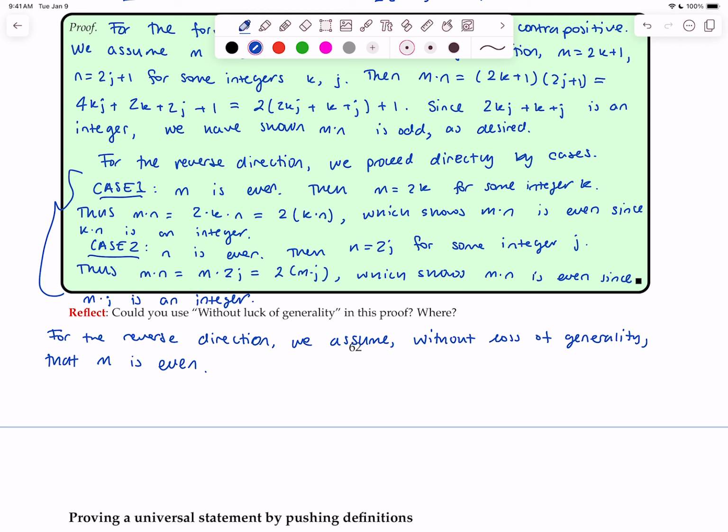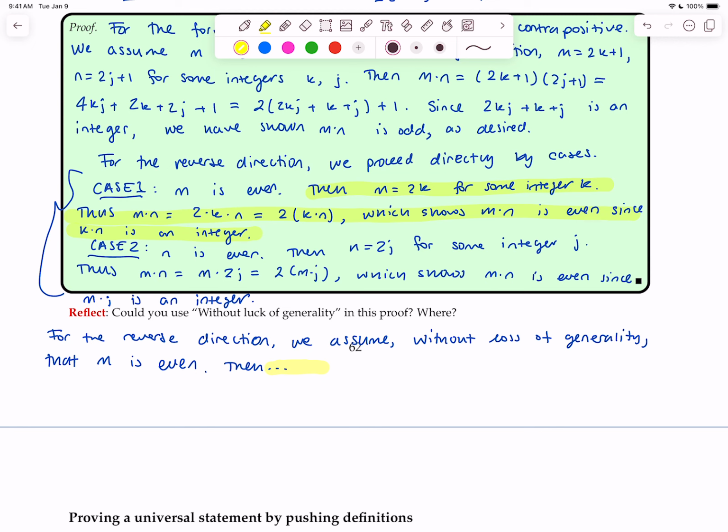And then you would say then, and you would replace it with this piece right here. And then that would conclude the proof. And then you wouldn't have to write out case 2 with exactly the same wording, exactly the same equations, just different letters, different variables.